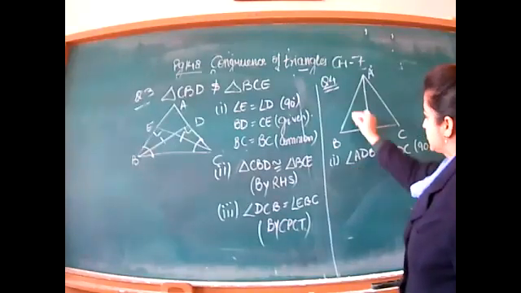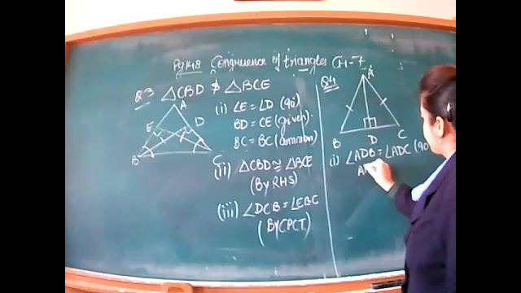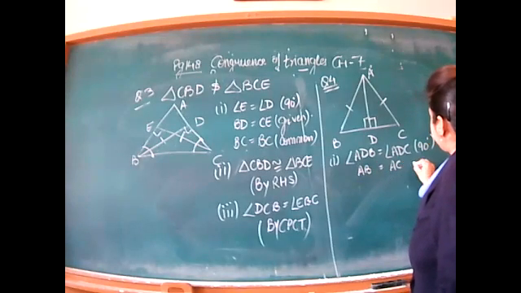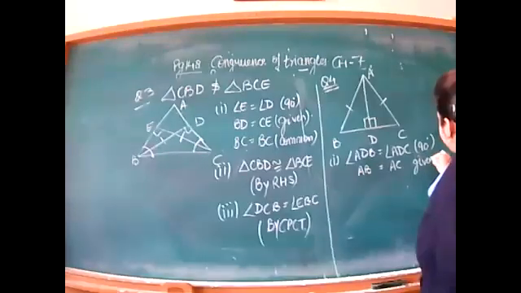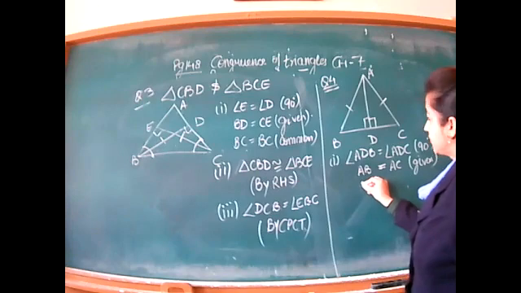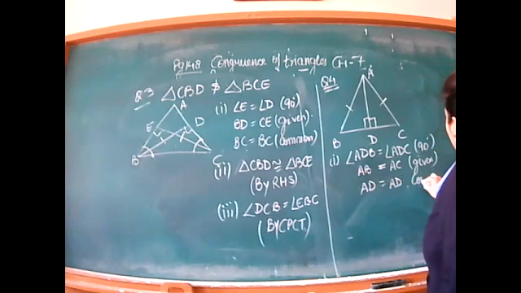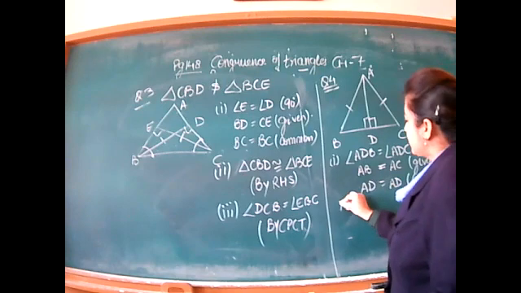Ma'am, after that, AB is equal to AC, given. AD is equal to AD, common. So these are the three equal pairs.